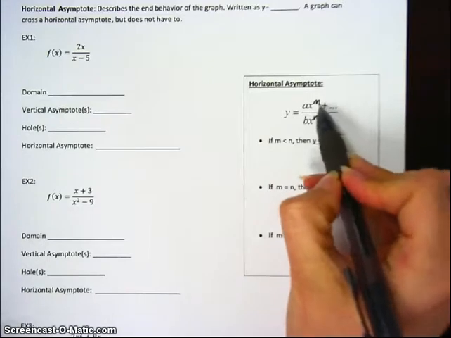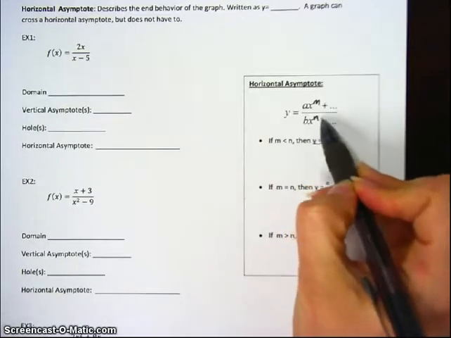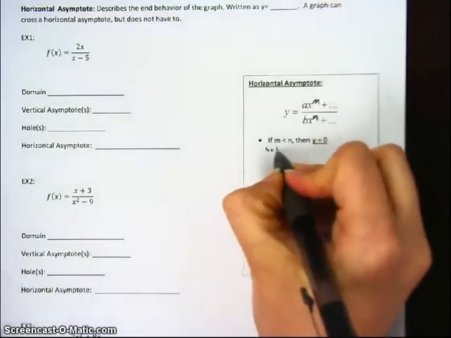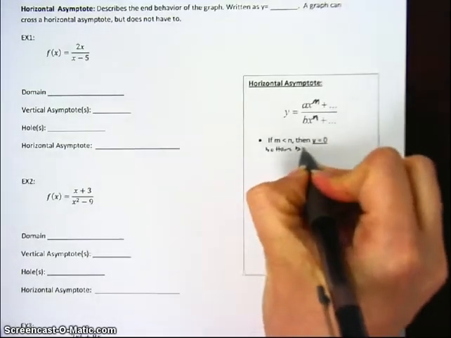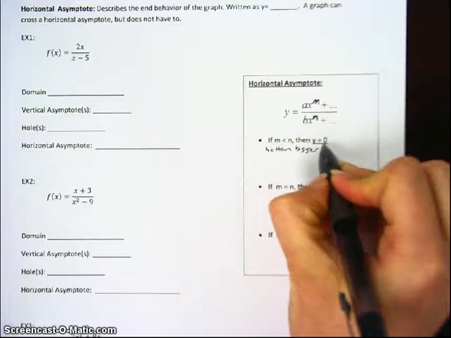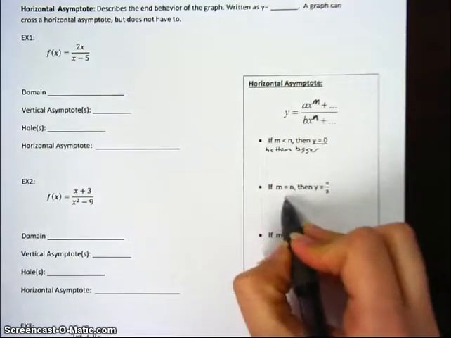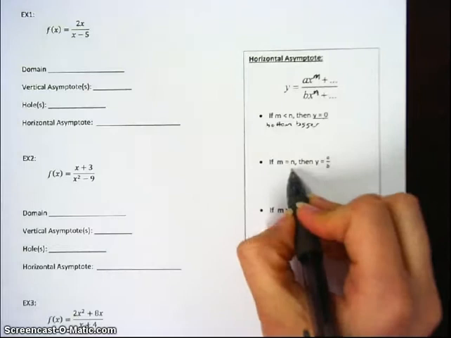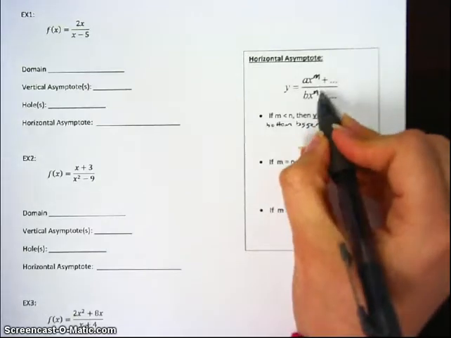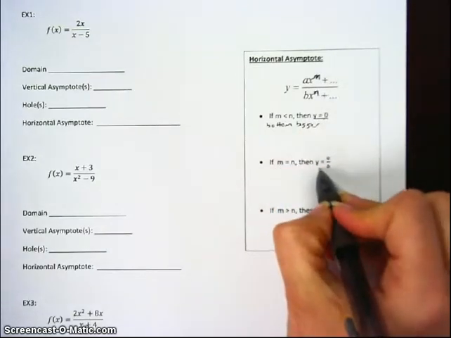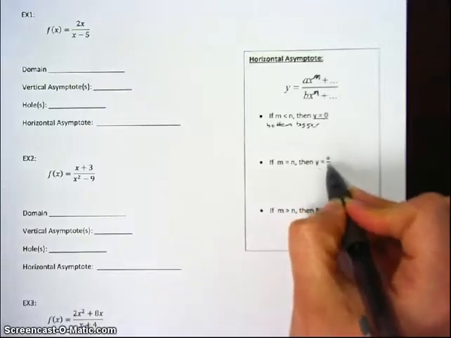If the exponent on top is smaller than the bottom, so your bottom exponent is bigger, then we're going to have a horizontal asymptote at y equals 0. If the top and bottom exponents are the same, so if m is equal to n, then we're going to have a horizontal asymptote at the ratio of their coefficients.